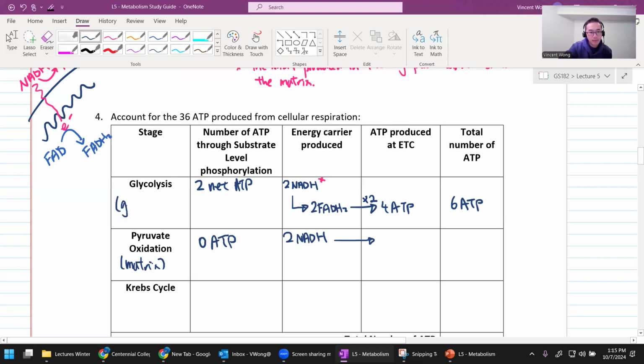And this is cytoplasm. And what do I multiply by this time? 3. Thank you. 3 times 2 is 6. 6 plus 0, 6.